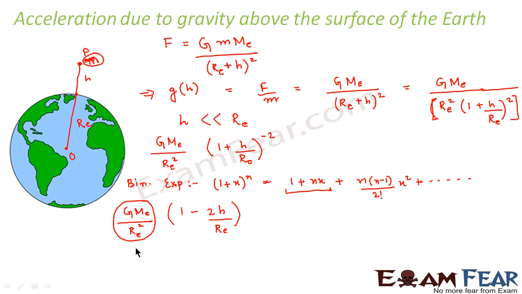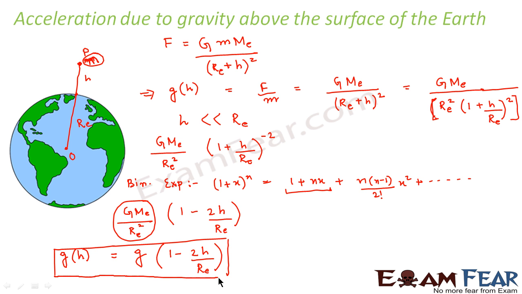It is nothing but the value of acceleration due to gravity g on the surface of the Earth. So this would be g into 1 minus 2h by Re. We were calculating the value of g at a height h above the surface of the Earth. So we saw how the value of acceleration due to gravity varies on the surface of the Earth, above the surface and below the surface.